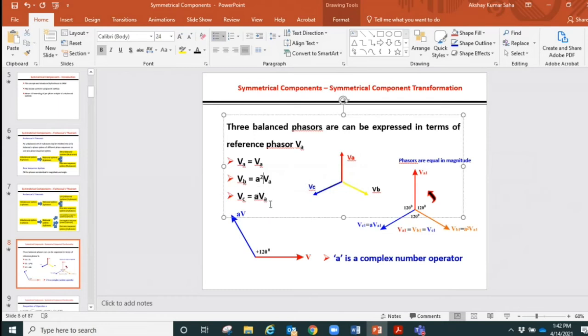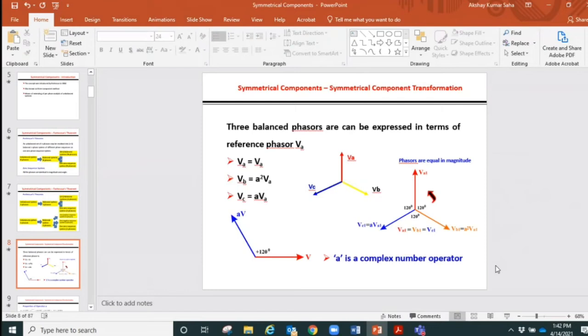So what we see there is a squared and small a. Now, when we do phasor algebra and complex numbers, in mathematics we use i, sometimes we use j, so a plus ib or a plus jb. That complex number operator i or j is the same.